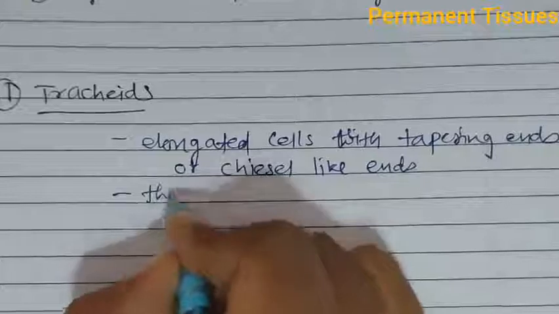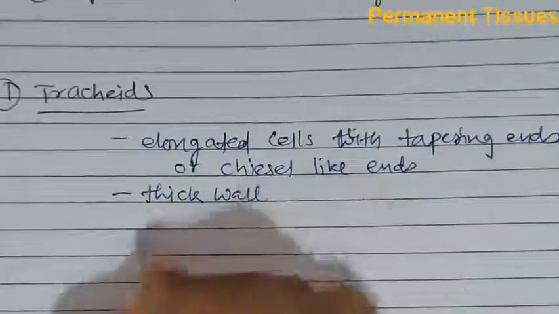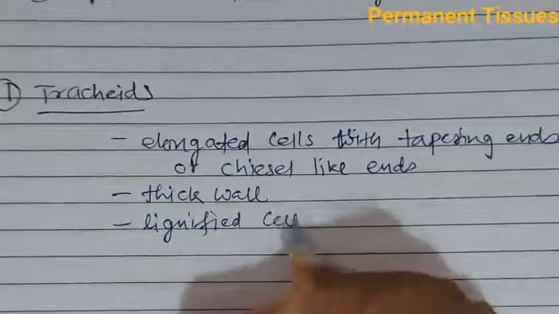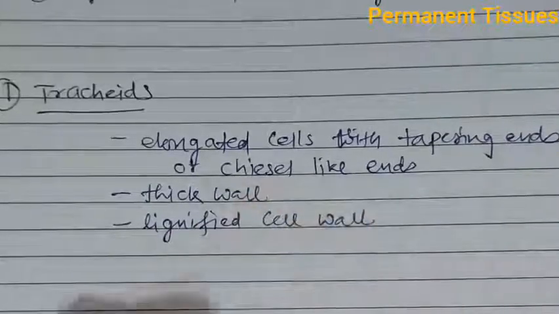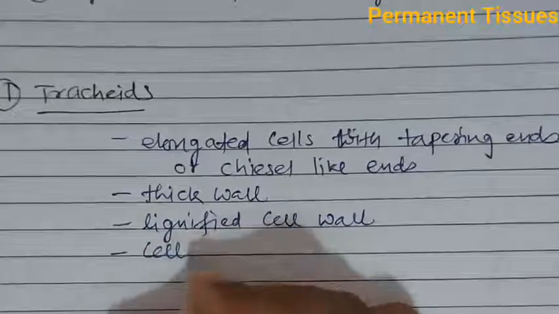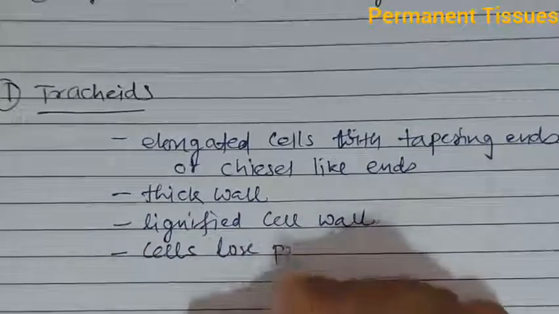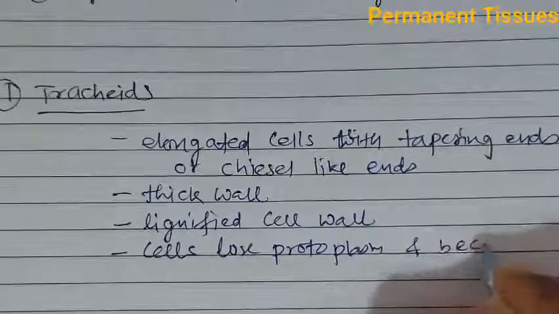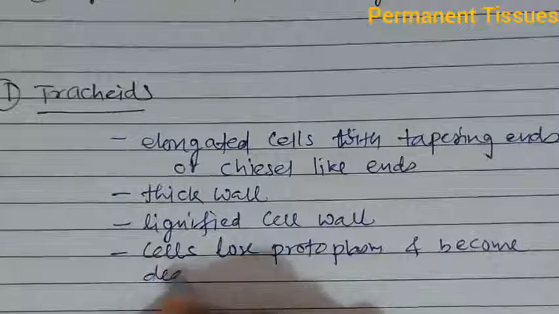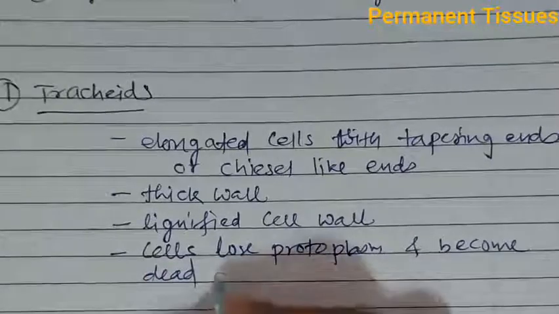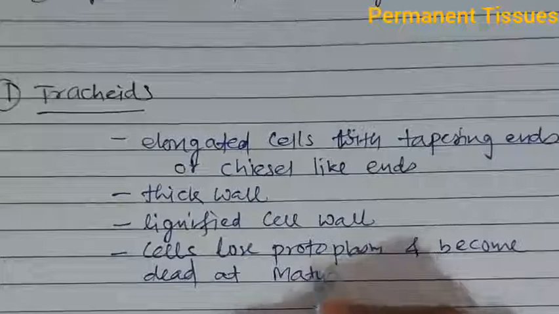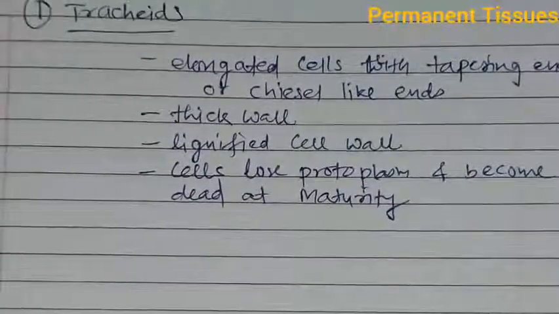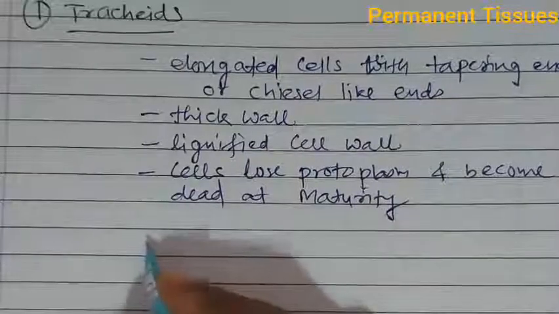They have a thick wall, that is lignified cell wall. Cells lose protoplasm and become dead at maturity. So these are the tracheids.